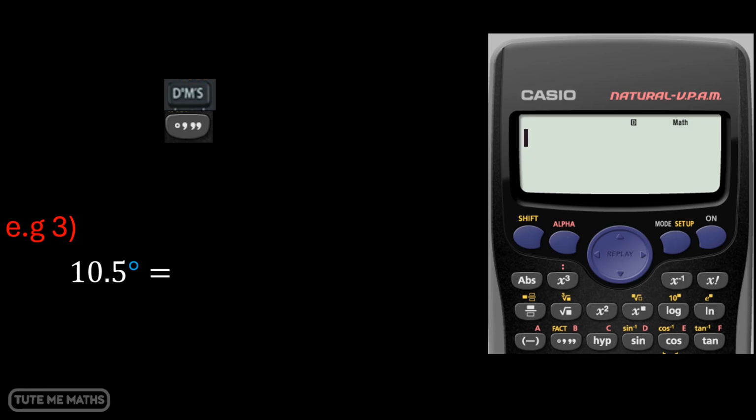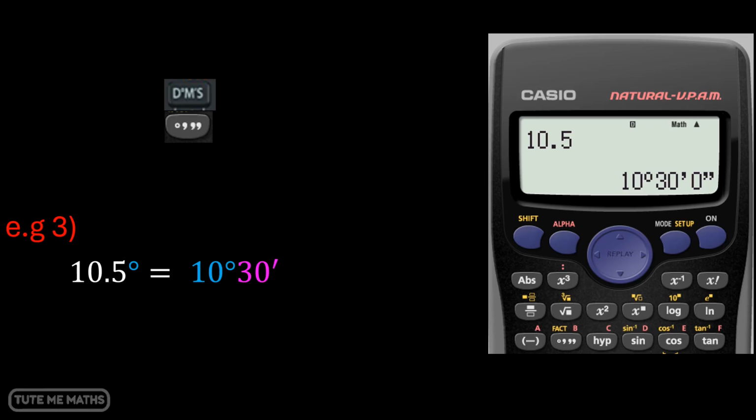Tapping the degrees minute second button changes it instantly to 10 degrees 30 minutes and 0 seconds. It's actually the same number of button presses this way, but notice that the top display doesn't have the degree symbol doing it this way. The benefit, however, is that when you get an answer for an angle, you can instantly change it into degrees, minutes and seconds without needing to retype it. More on this soon.